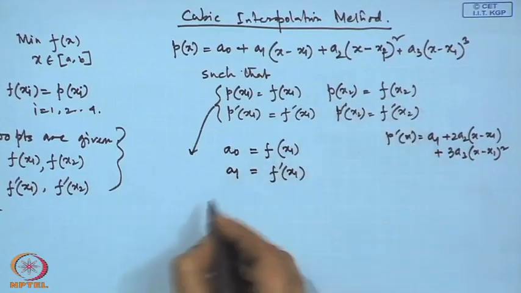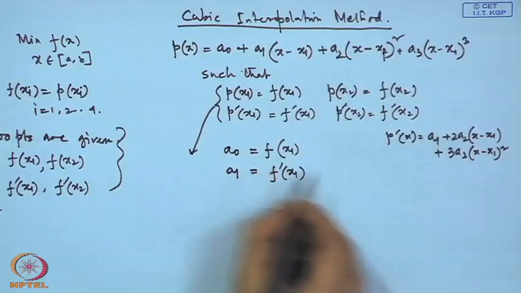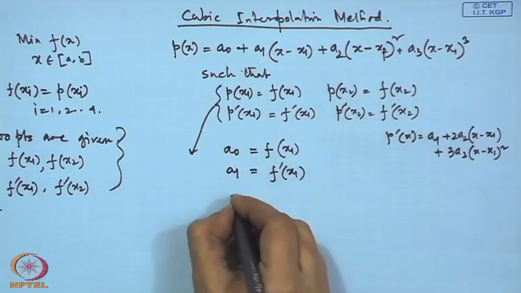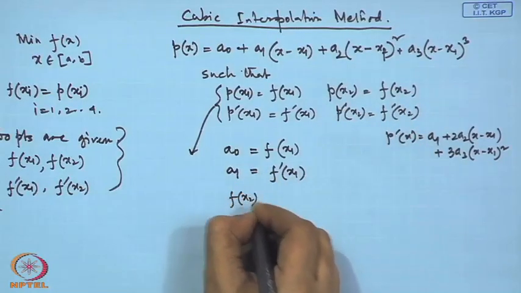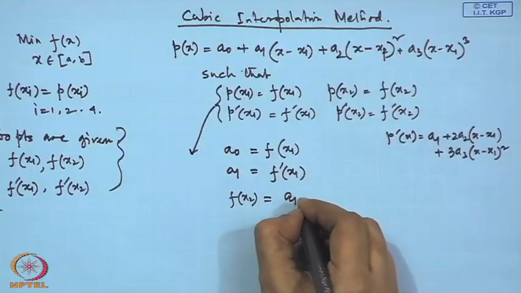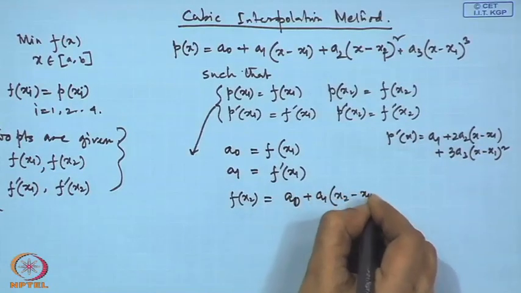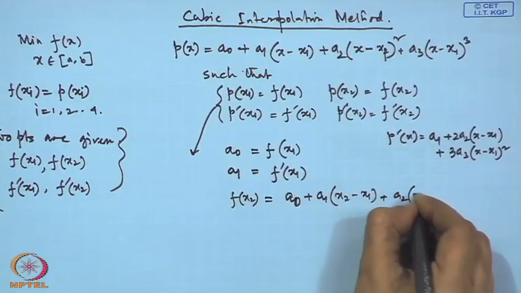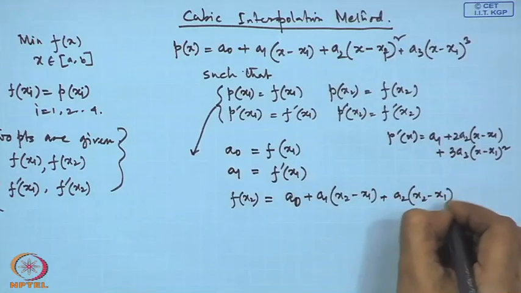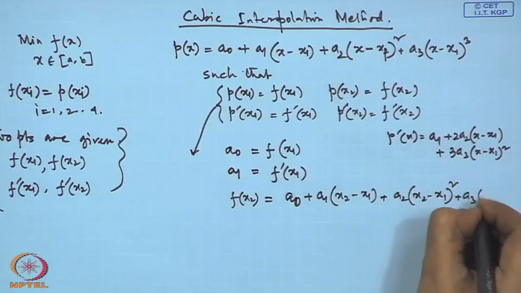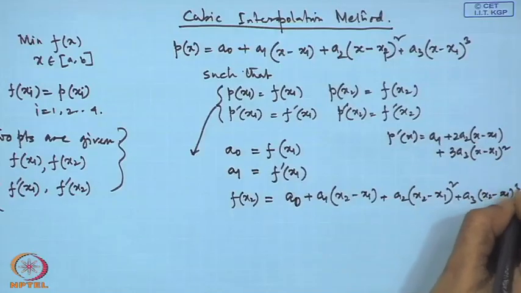Now, what about P(x2)? P(x2) equal to F(x2) gives the equation F(x2) is equal to A0 plus A1 (x2 minus x1) plus A2 (x2 minus x1) square plus A3 (x2 minus x1) cube.